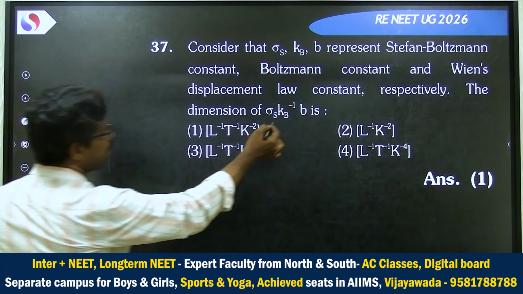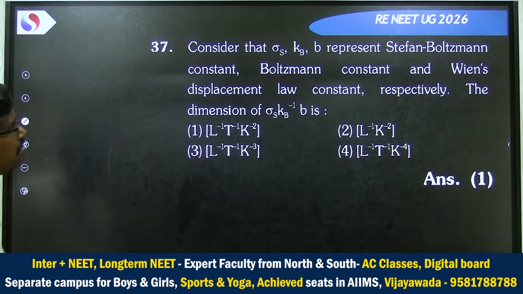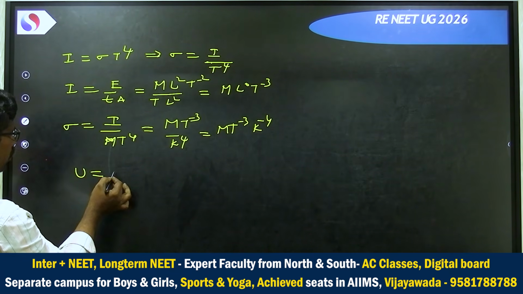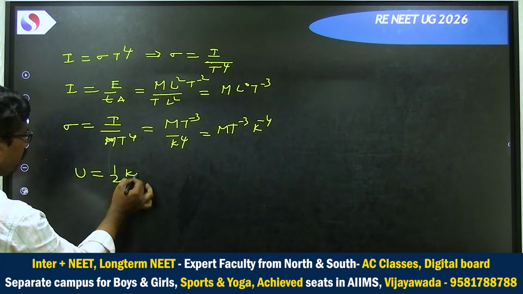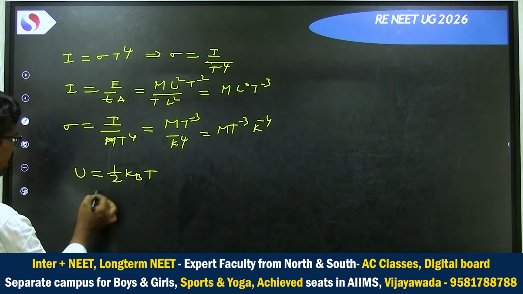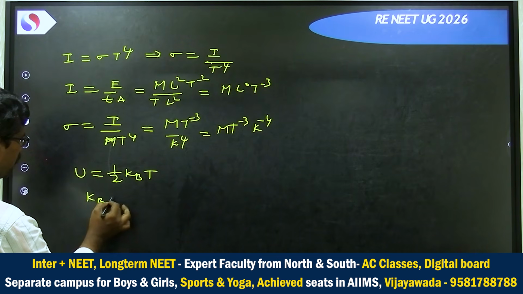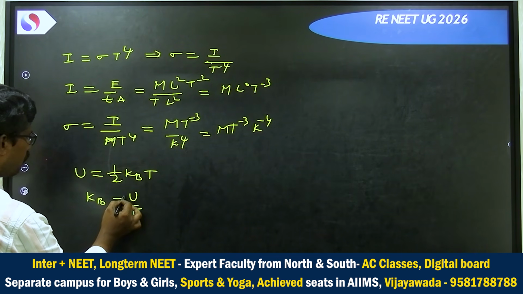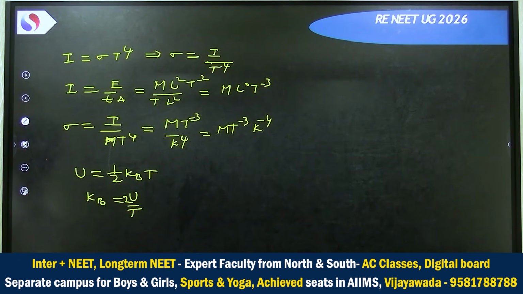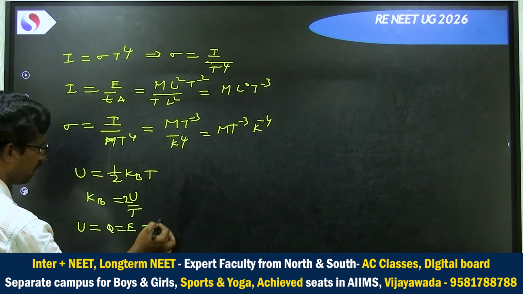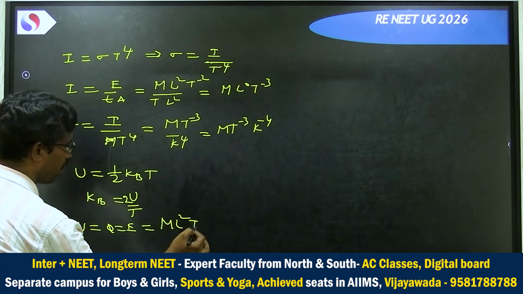What is the second one? This is the Boltzmann constant KB. From the kinetic theory of gases, internal energy U is equal to half KB into T. This is our formula. Here the Boltzmann constant KB is equal to energy by temperature, which can be written as 2U by T. Whatever the energy may be, E is equal to M L squared T power minus 2.